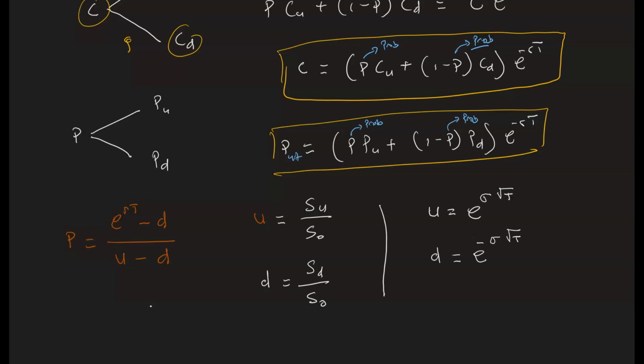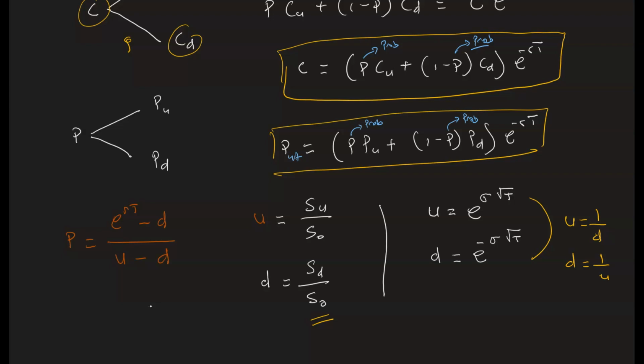Now, in this case, what you can find is that U is equal to 1 over D, and D is equal to 1 over U. That is when we want to match the probabilities to the period. Now this is what we're going to use here in our example, and I know this might look confusing, but it's actually really simple if you work with that and with an example.